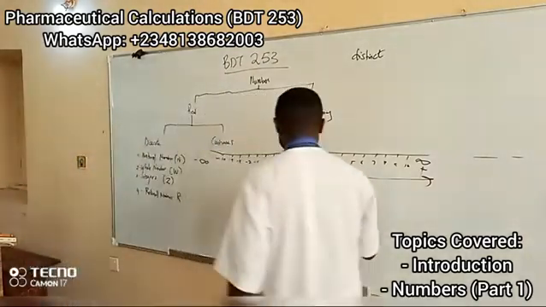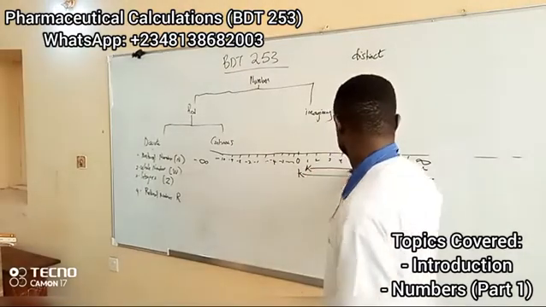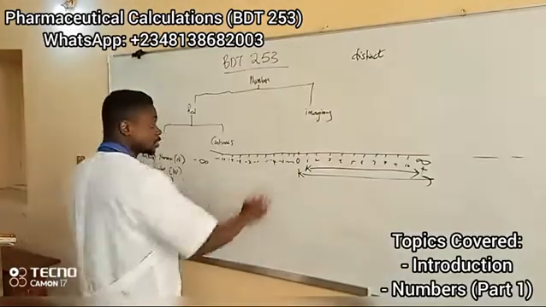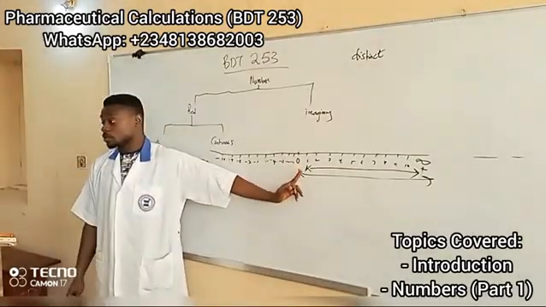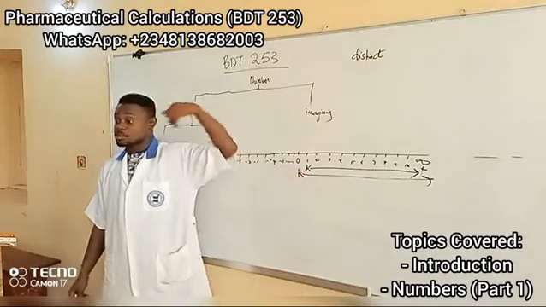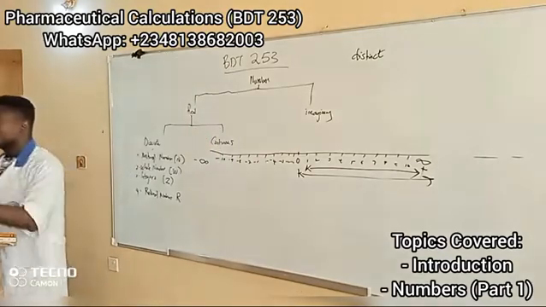Whole numbers start from where? Are you there? 0 is not there. It's not a whole number. Positive integers from 1 to positive infinity make up the whole numbers.